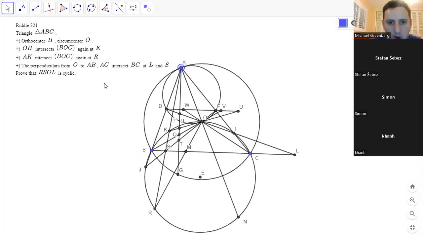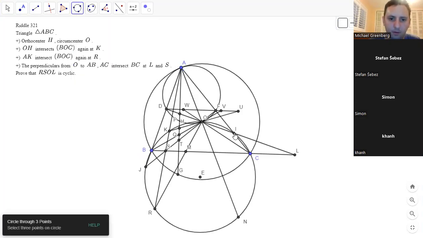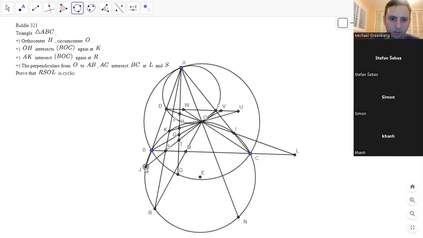I think that I, J, L, and S are cyclic, and I'm having an approach of using angles and trying to prove it like how we usually do. But yeah, I accidentally found out that J, S, I, L are kind of cyclic. Okay, interesting. That follows by the inversion, actually.